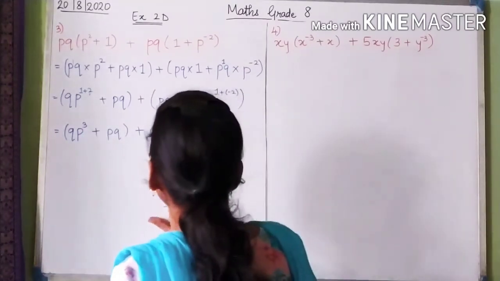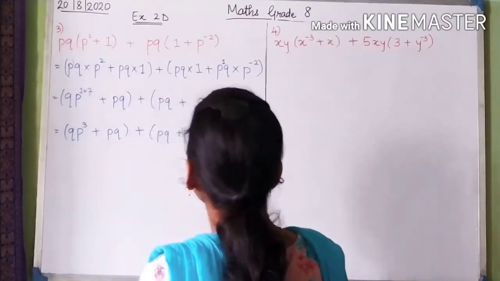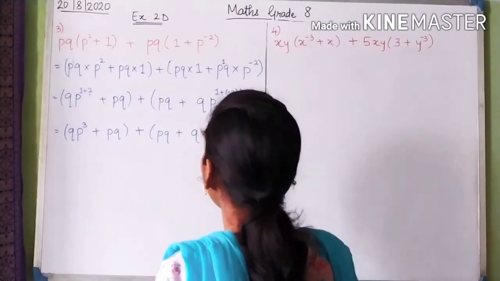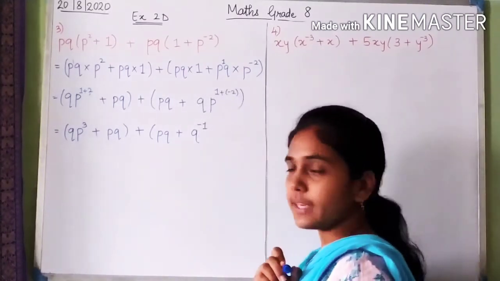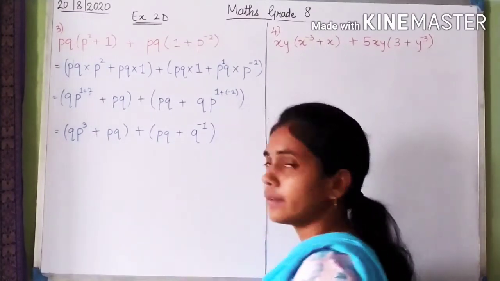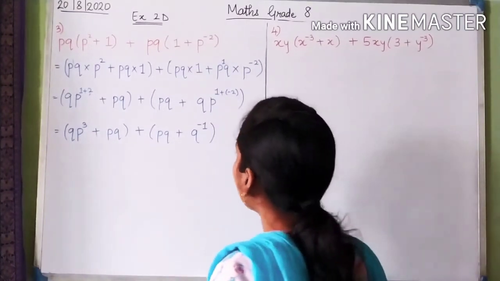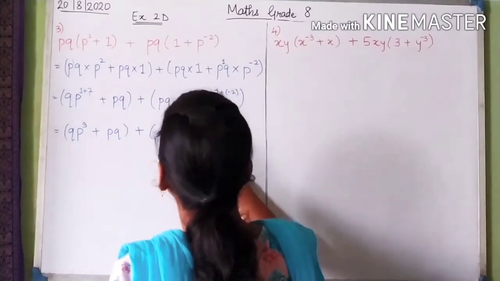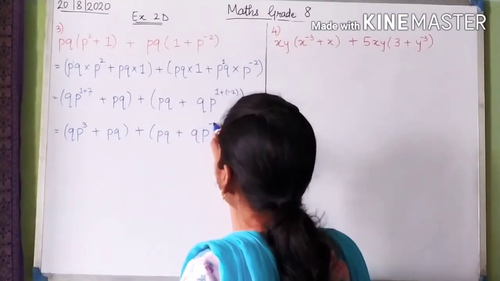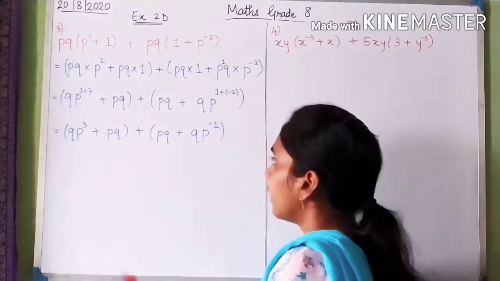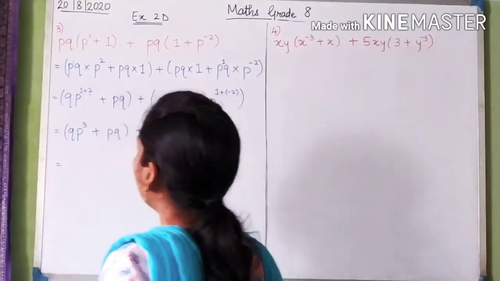So this index here is minus 1. 1 plus minus 2 is minus 1. So we have got the power of P as minus 1. Q is having 1 power and P is having minus 1. Now, we open these brackets.